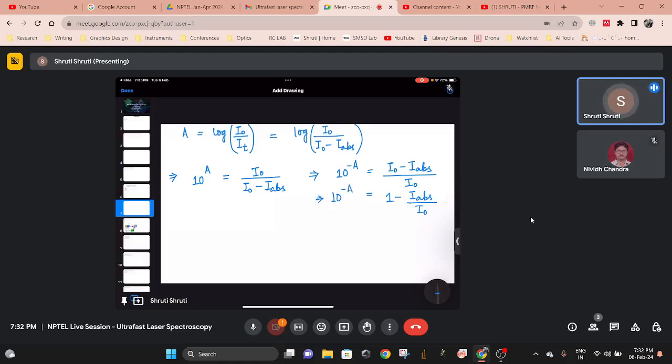Now you can separate this factor. So like this we will get the expression for the absorbed intensity.